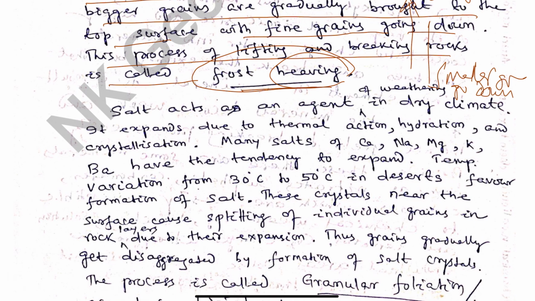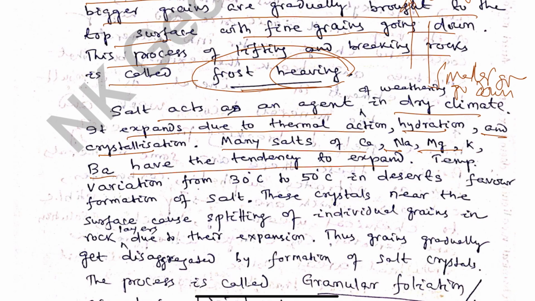And in case of arid climate, salt acts as an agent of weathering and it expands due to thermal action, hydration and crystallization. Many salts of calcium, sodium, magnesium, potassium, barium have the tendency to expand. Temperature variation from 30 degrees to 50 degrees centigrade is generally seen in deserts. This temperature favors the formation of salt.